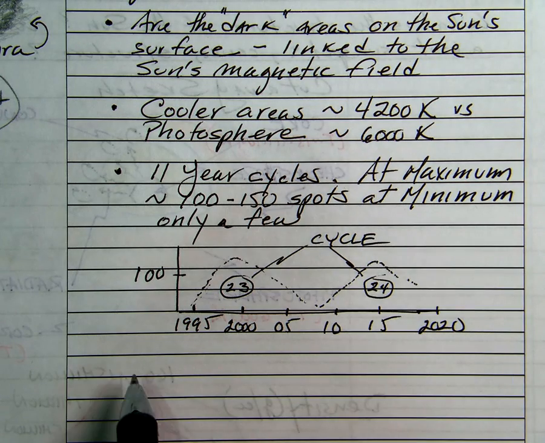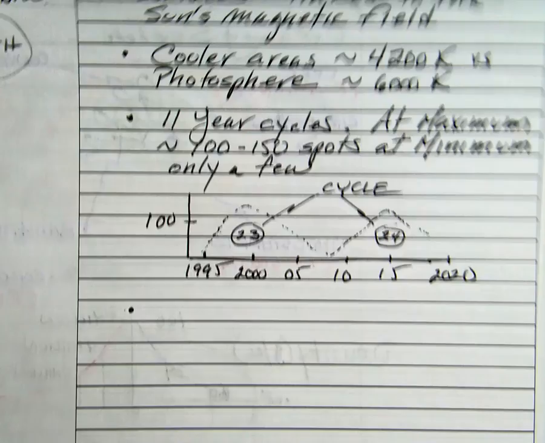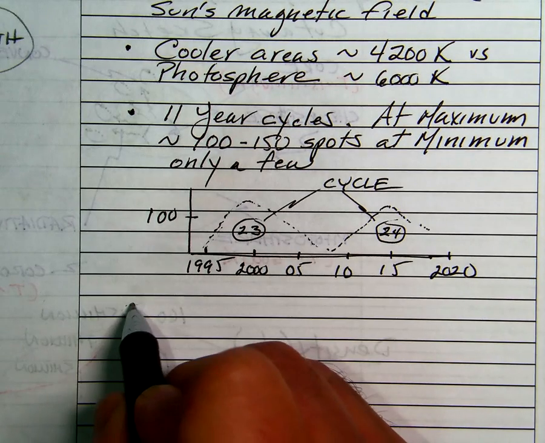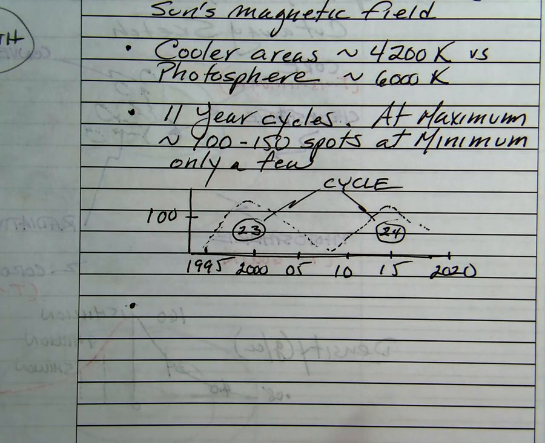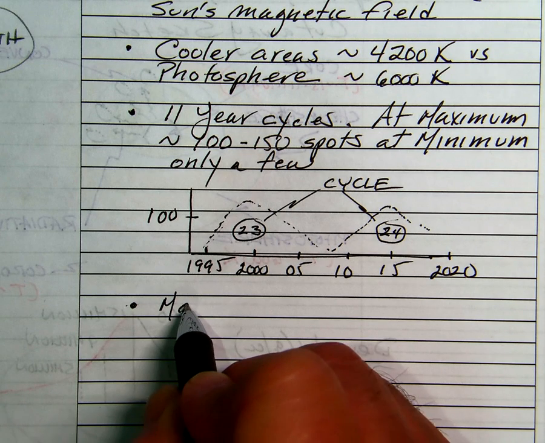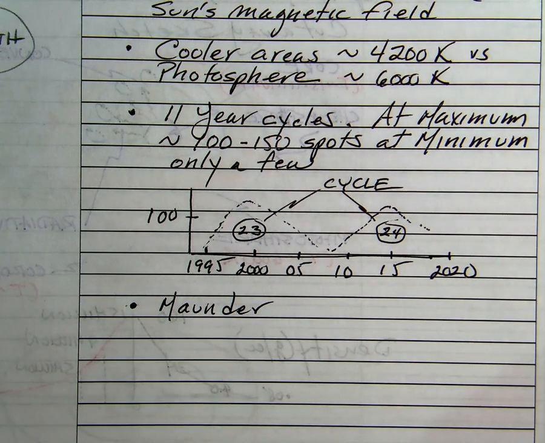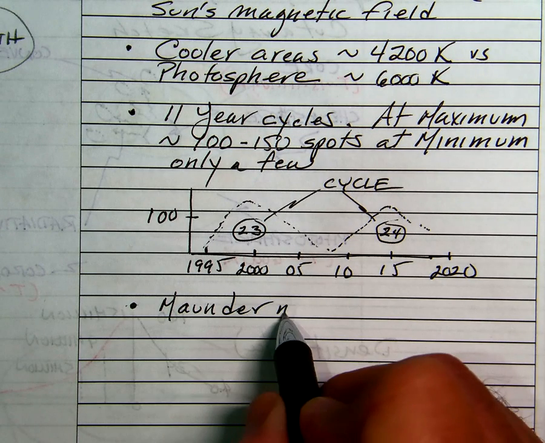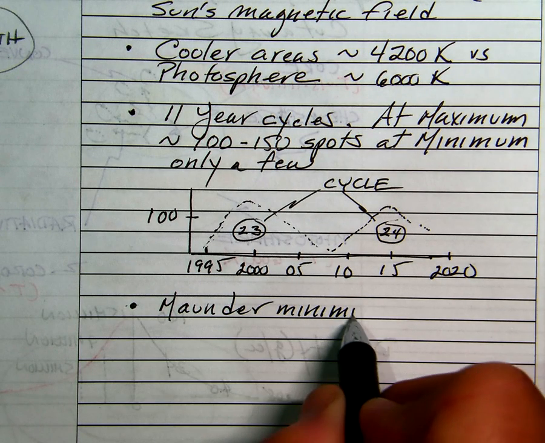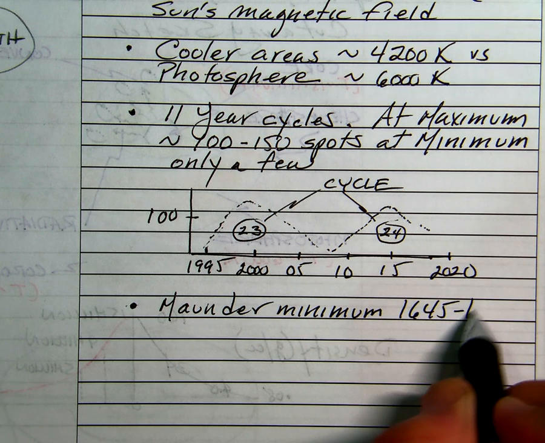Now, just to make sure that you understand how important the sun is to our planet, there is a time, the Maunder minimum, from 1645 to 1715, when there were very few sunspots. It's called the Maunder minimum, from 1645 to 1715.